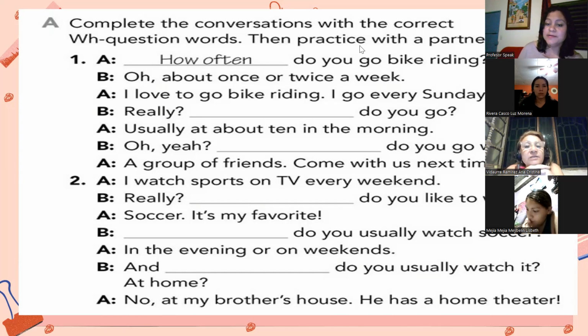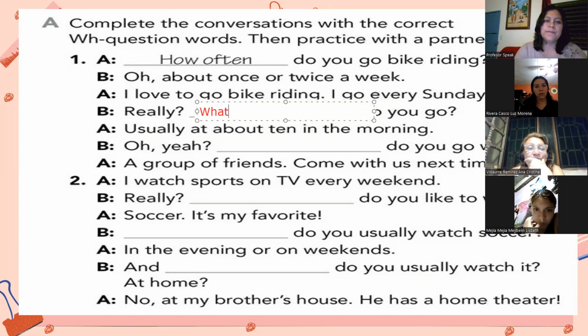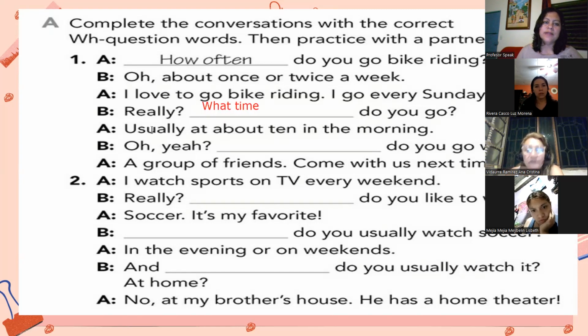What time? What time do you go? Usually at about 10 in the morning, okay? Do you think it's a good option? What time do you go? And then, usually about 10 in the morning.